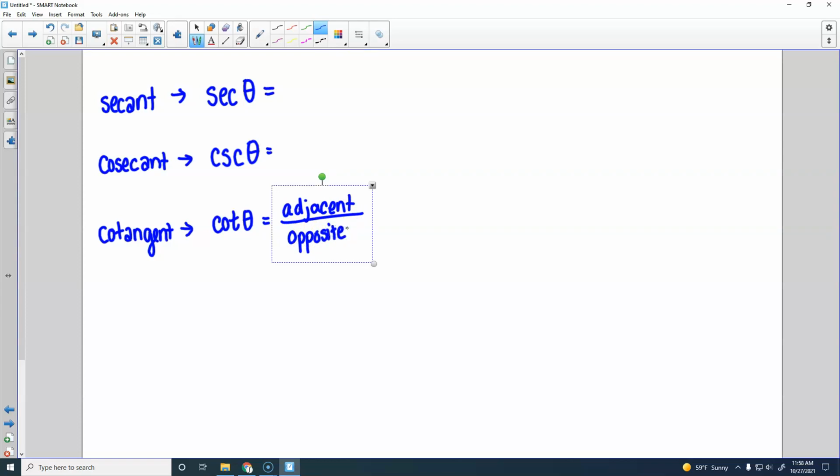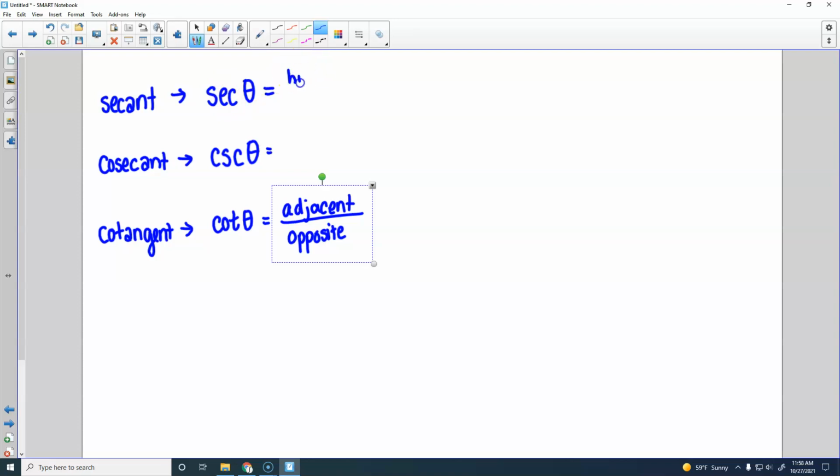Now, I was not around whenever they named these. I don't know why they named them the way they did, or why secant and cosecant are not reciprocals of each other. But secant is the reciprocal of cosine. So cosine is adjacent over hypotenuse.